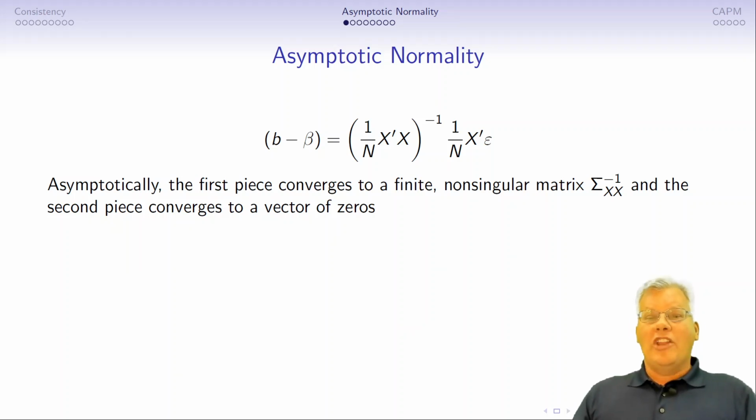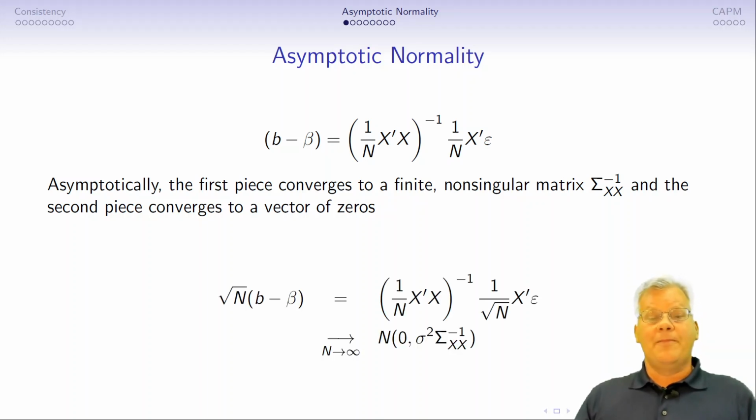Now, on to asymptotic normality. B minus beta from the previous couple slides is equal to this expression. Asymptotically, the first piece converges to a finite non-singular matrix sigma sub xx quantity inverse, and the second piece converges to a vector of zeros.